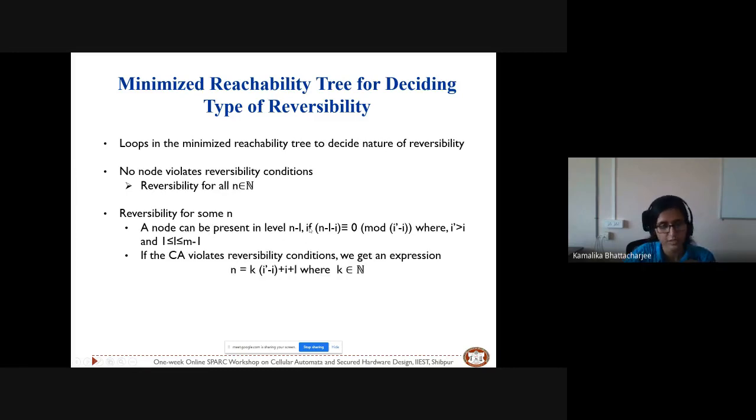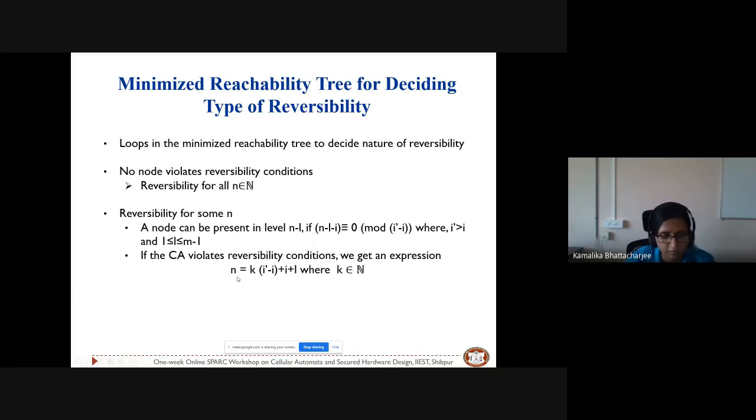If for this particular level the CA violates the reversibility condition, then we can develop an expression using the previous expression, that is n equals k into (I dash minus I) plus n, and the values of n that we get by varying k give the set of n's for which the CA will be irreversible.